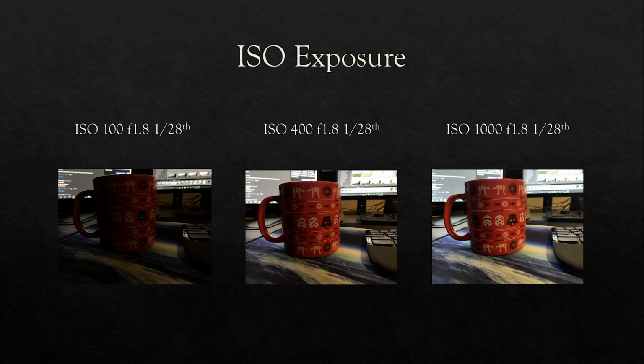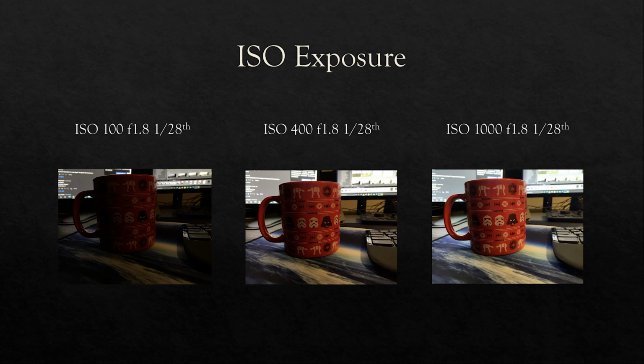I'll leave a link to all these images in the description below, so you can look and see the examples that I'm using here. If you zoom in, you'll be able to see that there's a lot of grain, or it's not as clear on the ISO 1000 image as it is on the ISO 100 image.